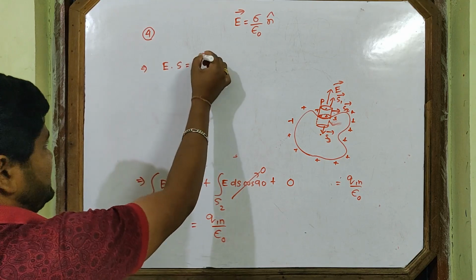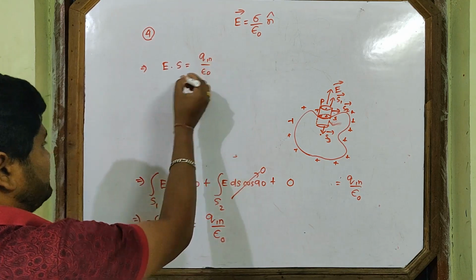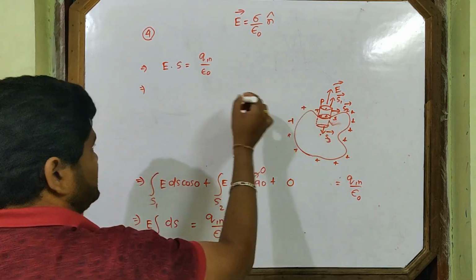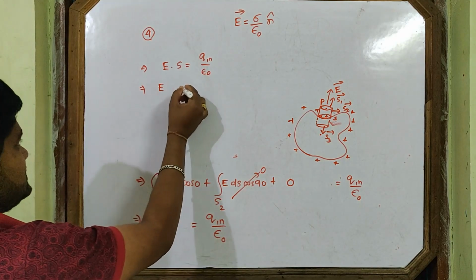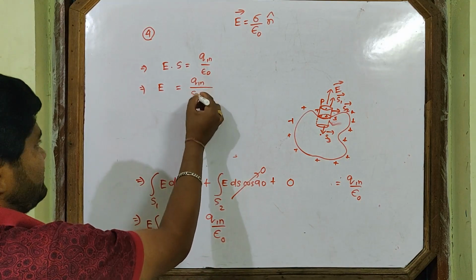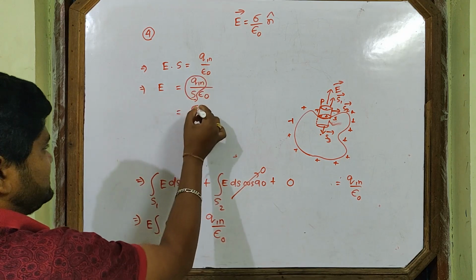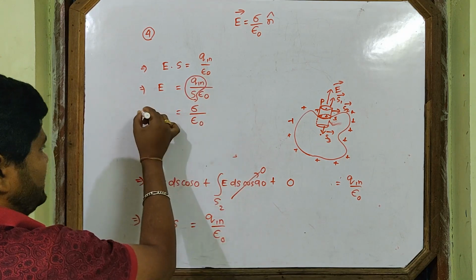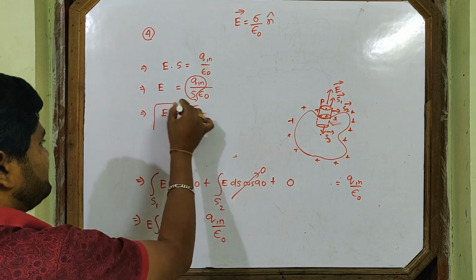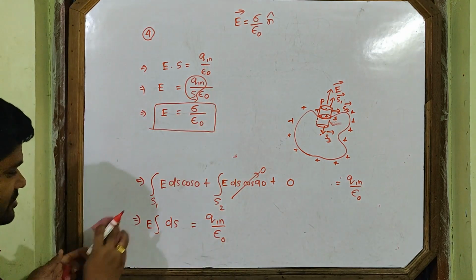S, ds integration is S, so q in by epsilon naught. I have taken this surface, a cylinder of cross sectional area S, so q in by S epsilon naught, and what is this? Sigma. E is equal to sigma by epsilon naught.